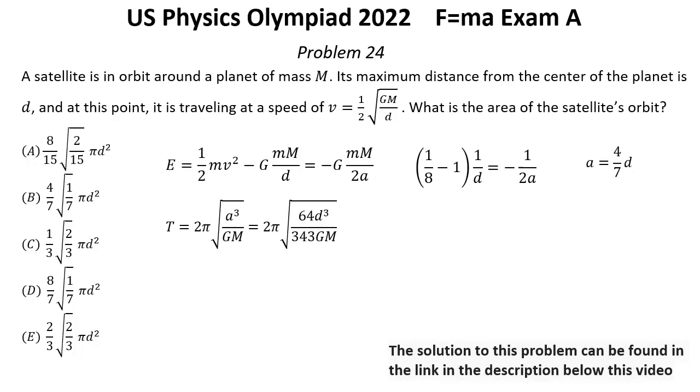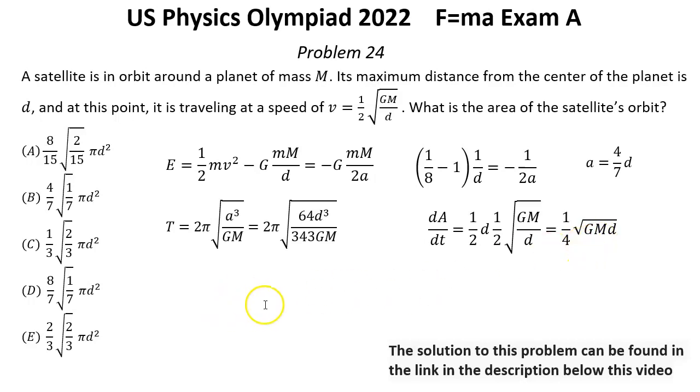According to Kepler's second law, the satellite sweeps out area at a constant rate. This rate equals 1/2 distance multiplied by speed at the furthest point, which is 1/4 multiplied by the square root of GMd.